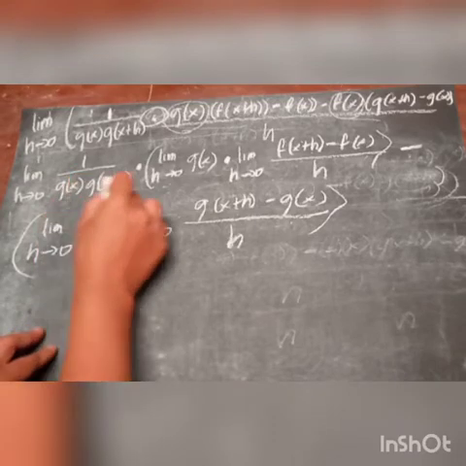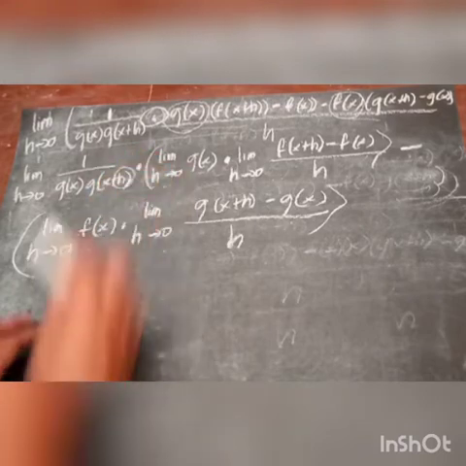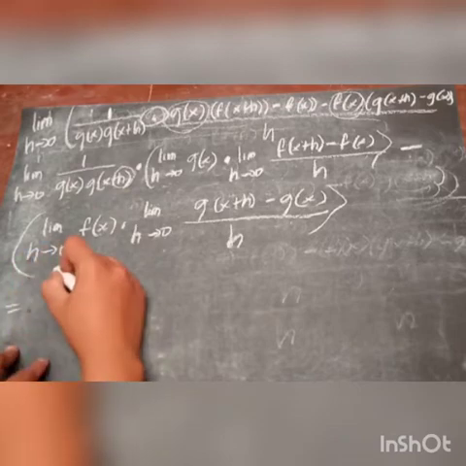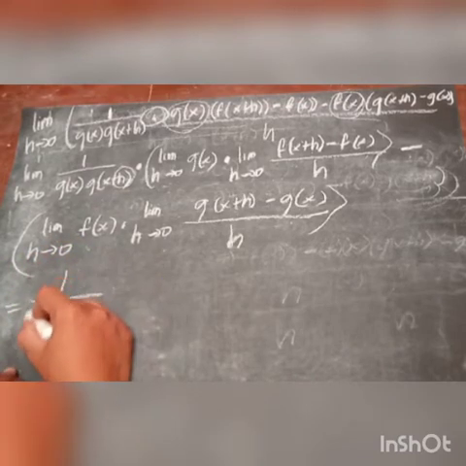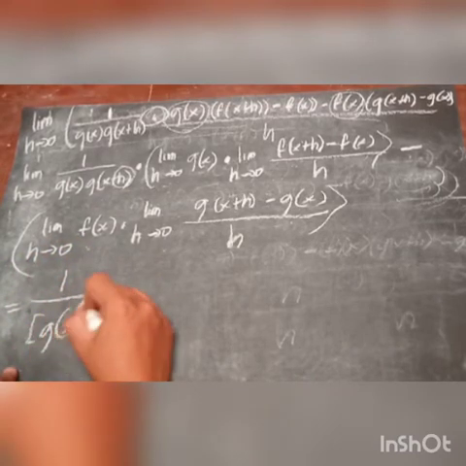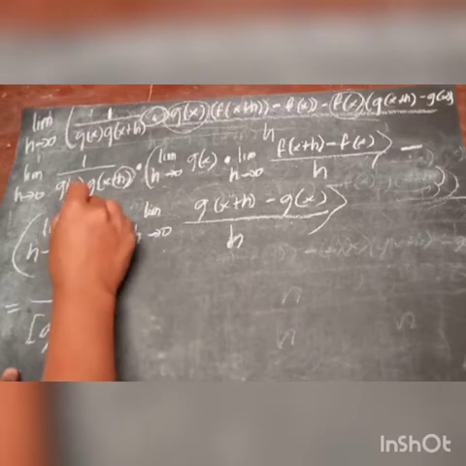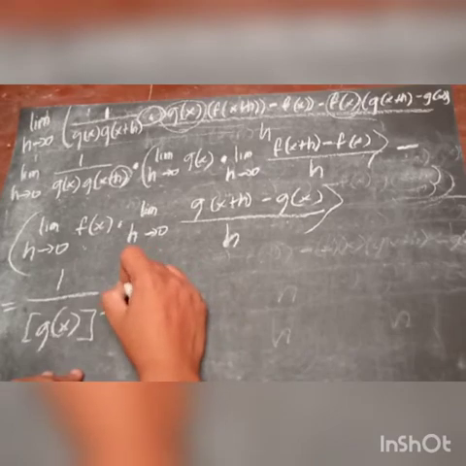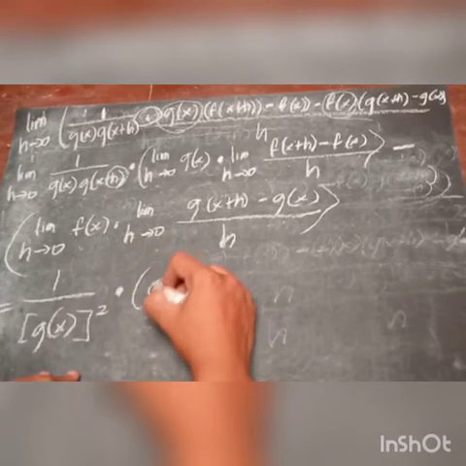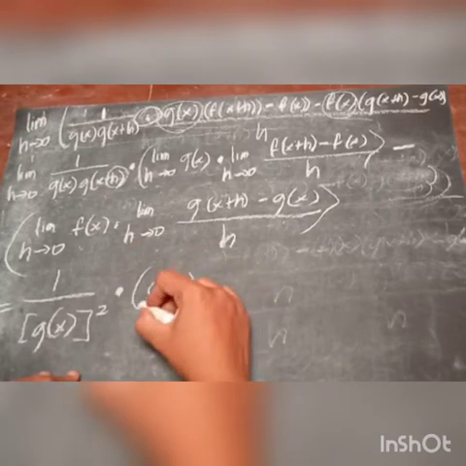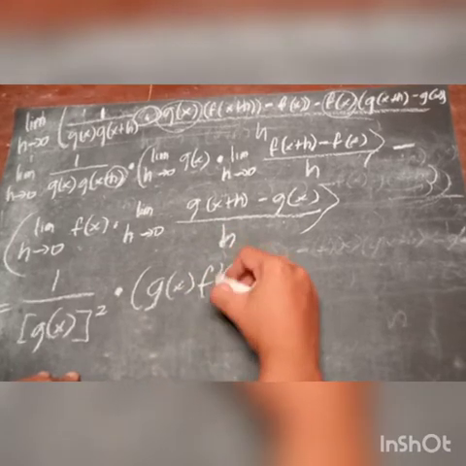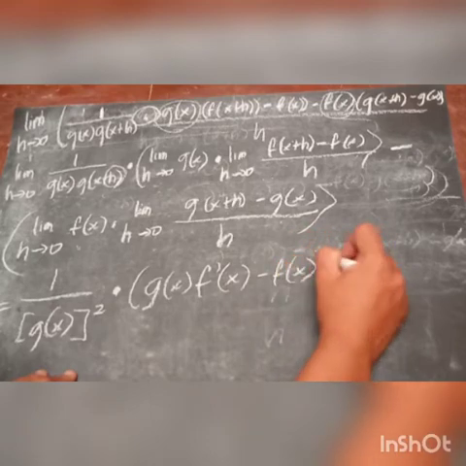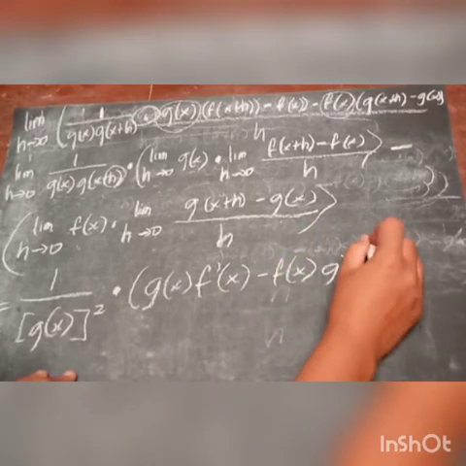So we are left with 1 over g of x squared, because g of x times g of x gives g of x squared, multiplied by g of x times f prime of x minus f of x times g prime of x.